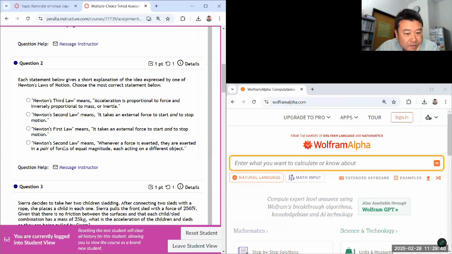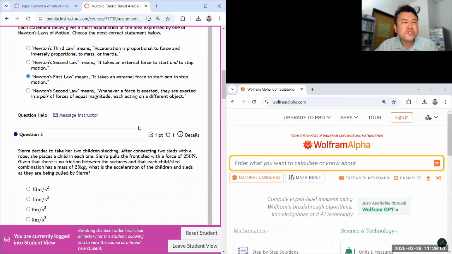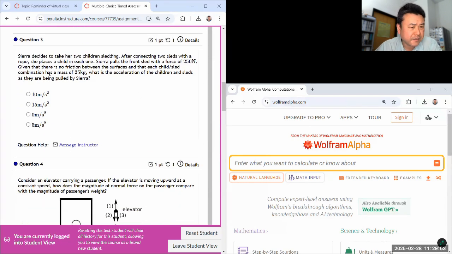Oh, that's so annoying. All right, I'm going to go with that. Yeah. Just the second law is a bit more specific than the way it's stated there.